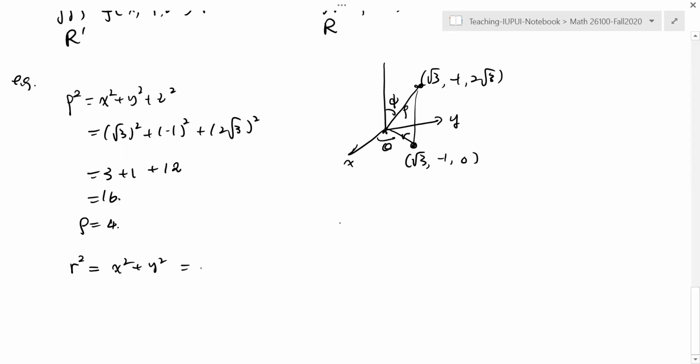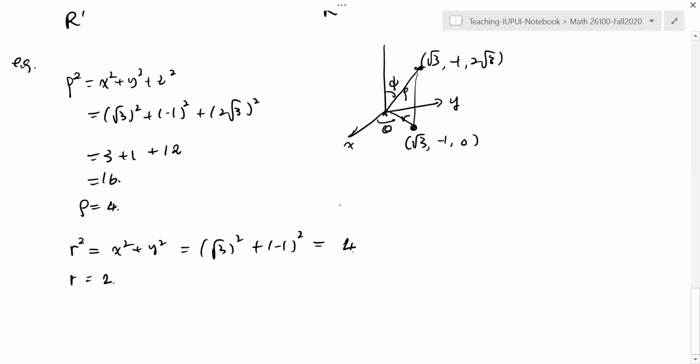So square root of 3 squared plus -1 squared equals 4. So r is 2.